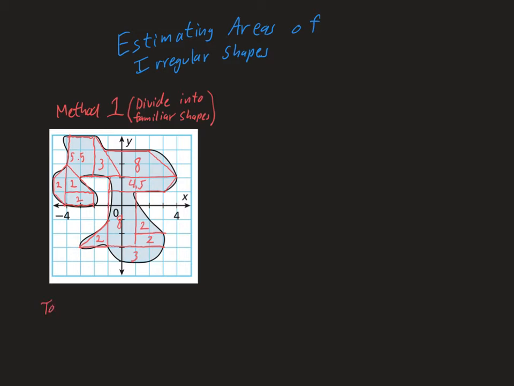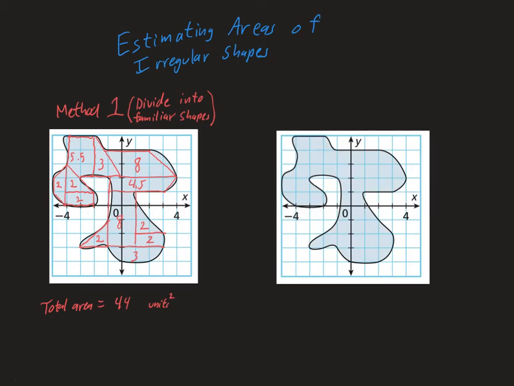Okay, so now that I have all that done, I'm just going to put all those into the calculator and add them up, and we get 44 square units. Okay, so another method is to just count the squares. So we're going to count half squares and the whole ones. There won't be any in between.